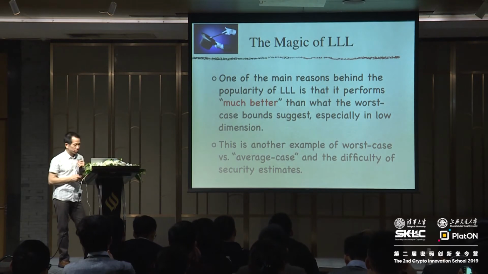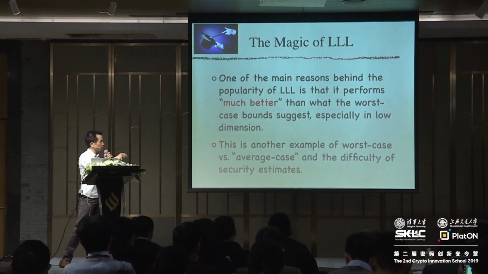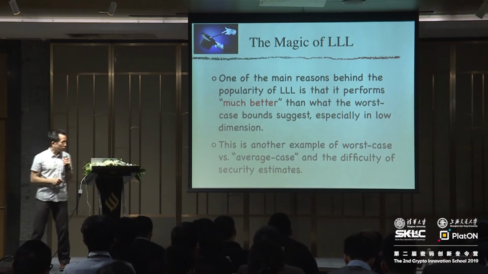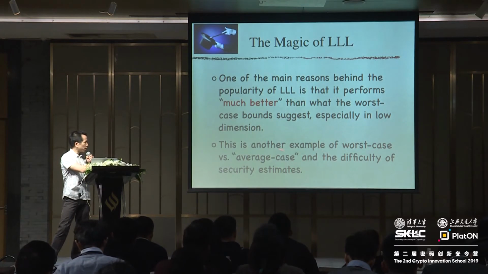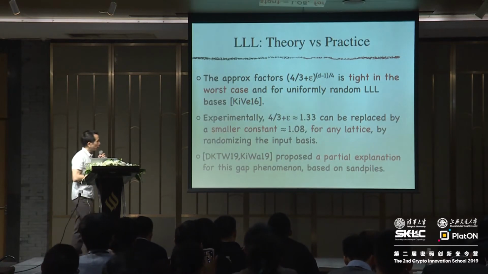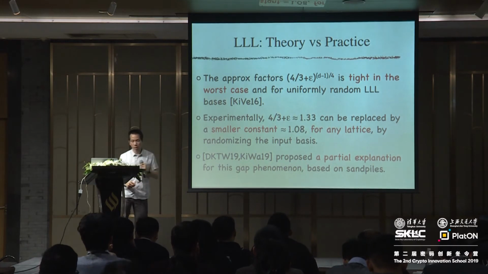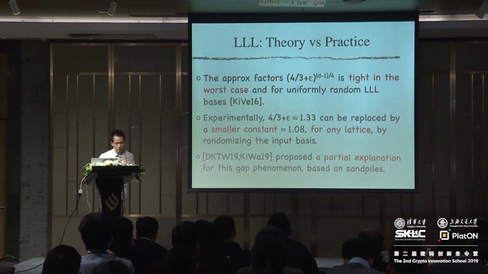It was realized very early that somehow it performs much better than what the worst case bound suggests, especially in low dimension. So this is just an example of this trickiness between worst case and average case. So what do I mean by that? Remember in the LLL guarantees you have this (4/3)^((d-1)/4) for the Hermite factor, and that is tight in the worst case.